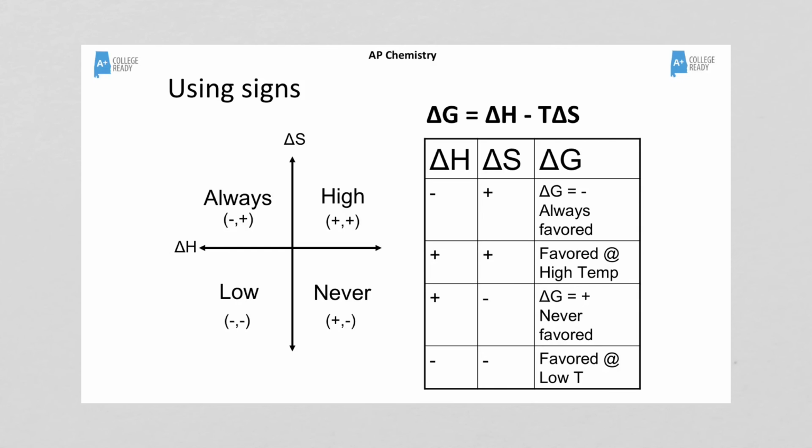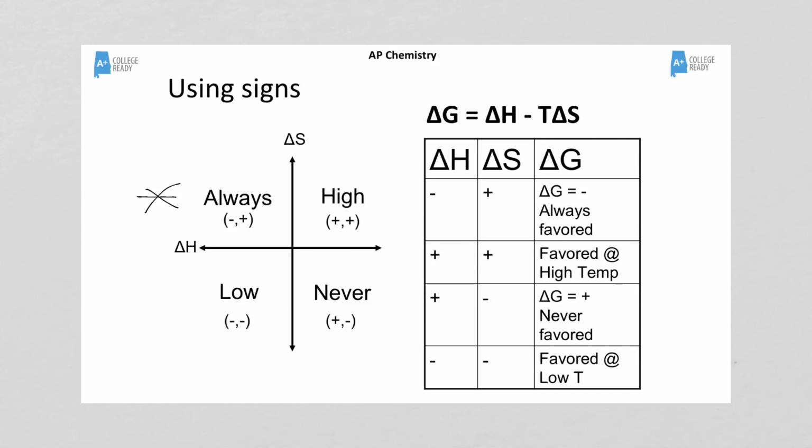If we look at the signs in each quadrant of this graph, this tells us all the signs to come up with delta G. If we have the situation with the two driving forces mentioned on the other slide, where it's exothermic, delta H is negative, and an increase in entropy, where delta S is positive, then delta G is favorable and negative no matter what.